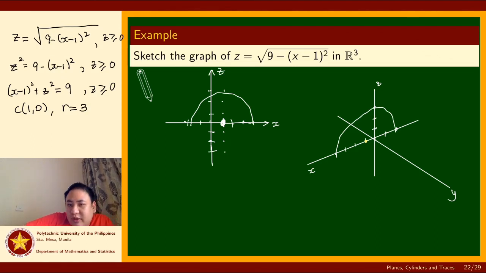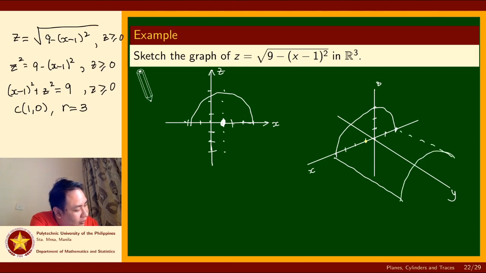Now, using the y-axis, we translate this curve in the direction of the y-axis. So it looks like this.